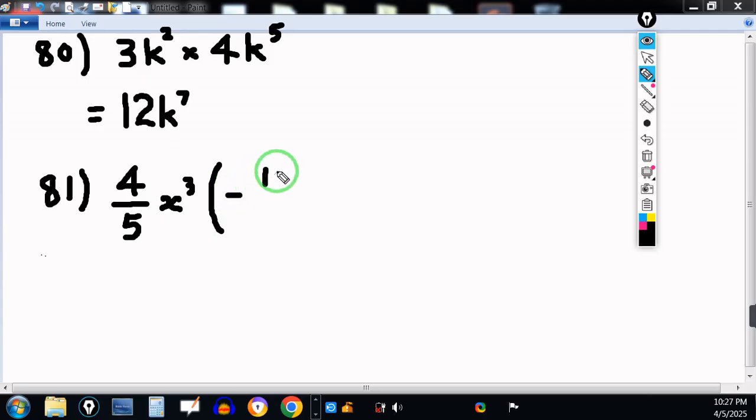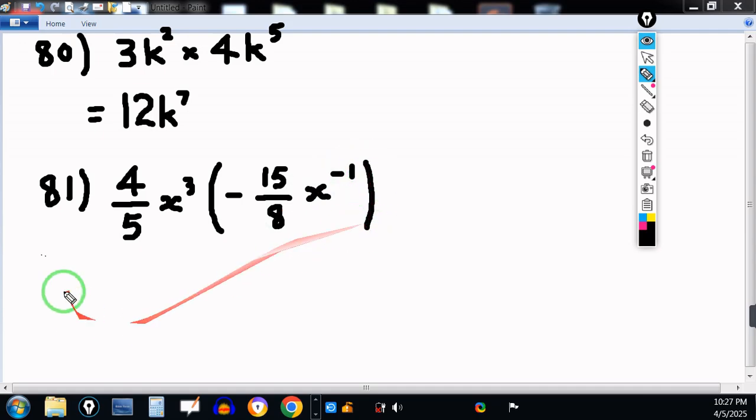Minus 15 over 8, that's what I mean, x to the power minus 1, that's what I mean. Okay, and this one we handle the sign: positive times negative is negative.